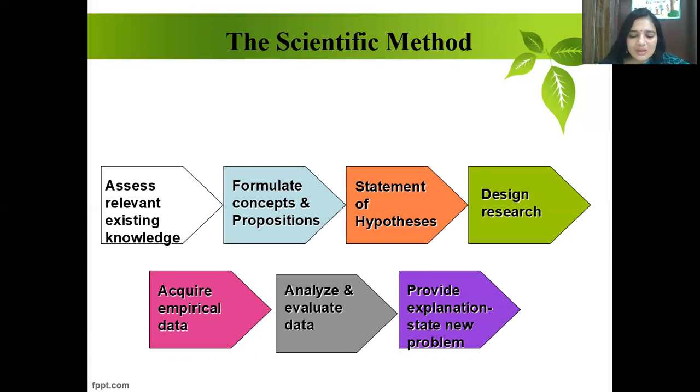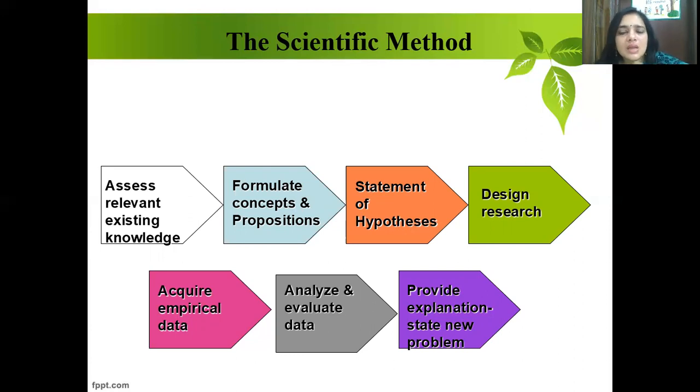What do we mean by concepts and propositions? Concepts basically is, if you want to analyze age and height of a child, then you need to read everything related to age and height of a child, so that you can come to the conclusion that yes, these might be the factors which might affect the height of a baby, or these are the factors which might not affect the height of the baby.